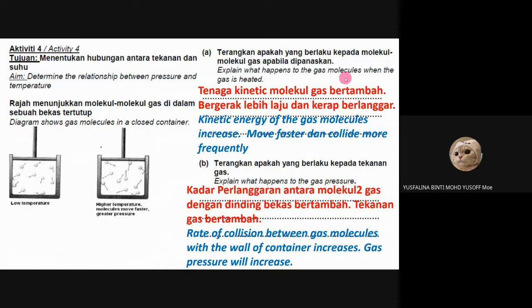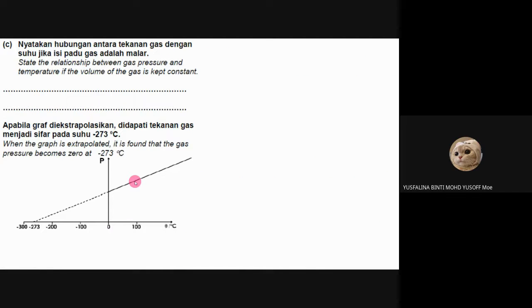The rate of collision between the gas molecules and the wall of the container increases. When they move faster, they collide more with the wall of the container. So when they collide more, the rate of collision increases, and the gas pressure inside the container increases. Then you have to state the relationship between the gas pressure and the temperature if the volume of the gas is kept constant. So when the temperature increases, the gas pressure also increases.